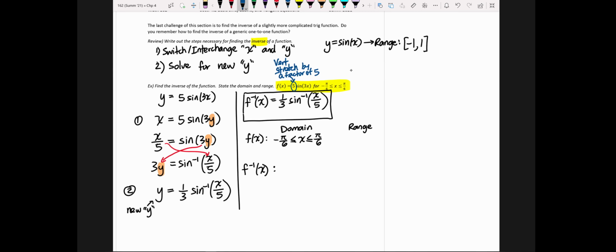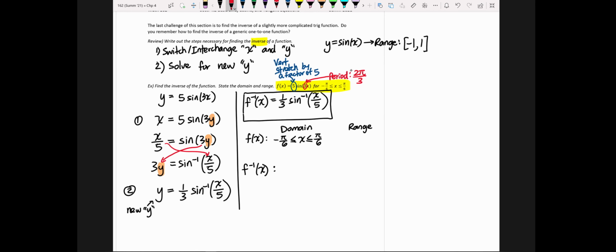Now this 3, the b value being 3, that just tells us the period is going to be 2 pi over 3. But the period doesn't affect the range. So it just tells us one cycle of the graph is completed in 2 pi over 3, but it doesn't affect the range. The vertical stretch by a factor of 5 does affect the range.